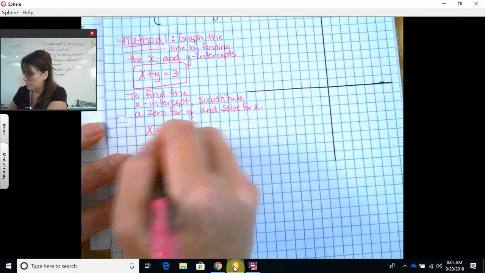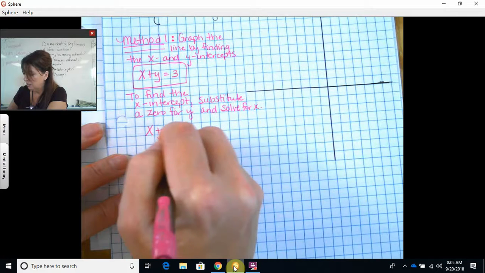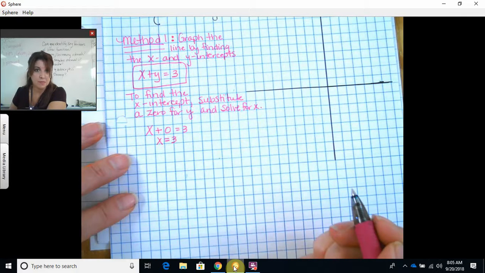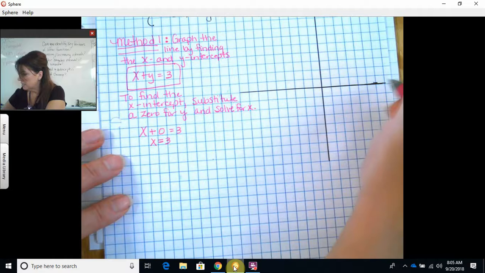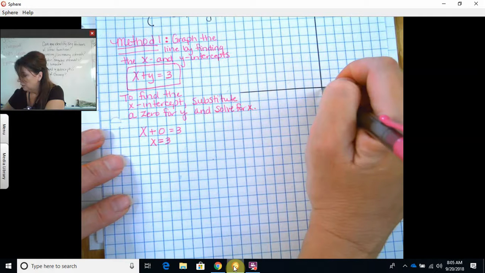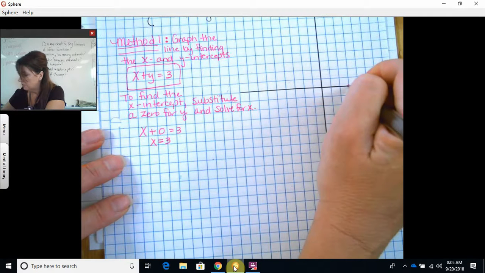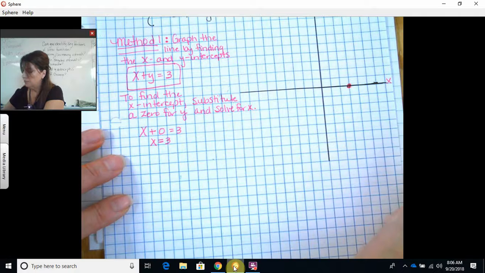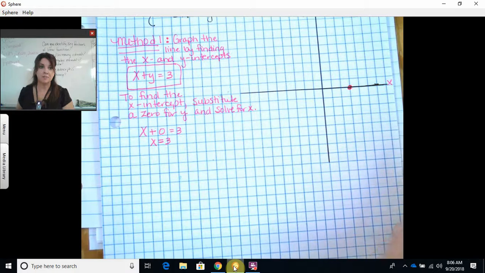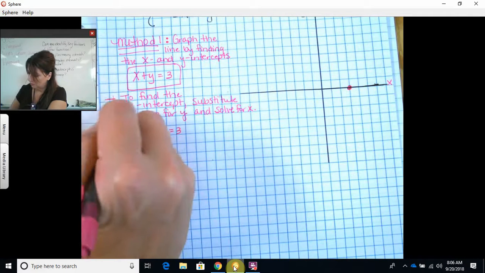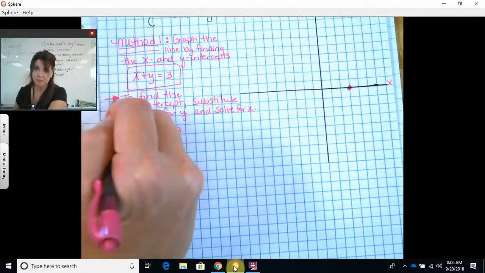When y is 0, x is 3. So on my x-axis at positive 3, 0, I'm going to plot my x-intercept for that first equation. Everybody cool so far? Okay.